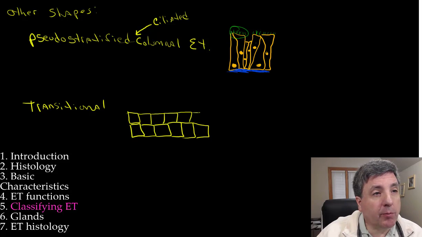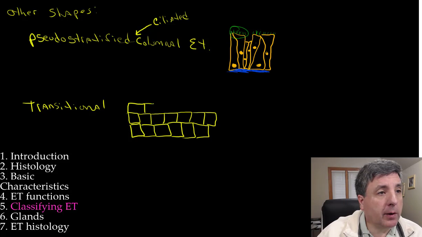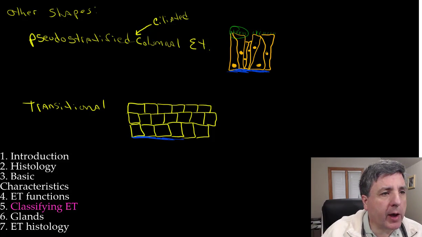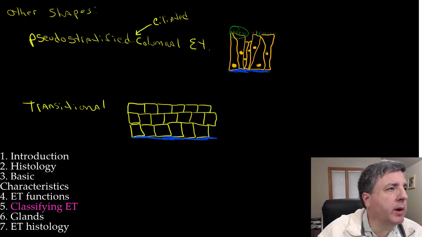We name the shape by the appearance of the cell at the luminal edge or the luminal surface. So if this is your basal side, let me draw a basement membrane on here just so you can help to visualize where that is. So this is your basolateral surface, and that's the basement membrane.